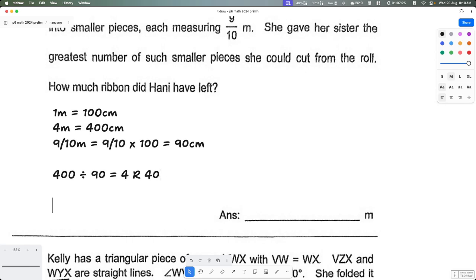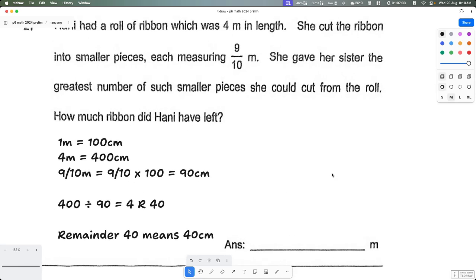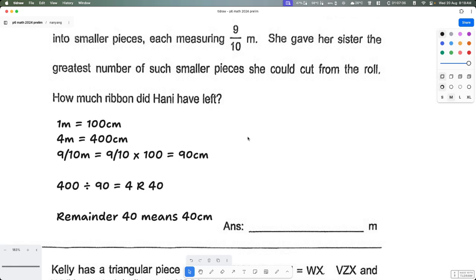Remainder 40 means 40 centimeters, and that means 40 centimeters is equal to 0.4 meters. Okay, there you go. I'm going to put 0.4 because I'm like that. Okay, let's move on to the next question.